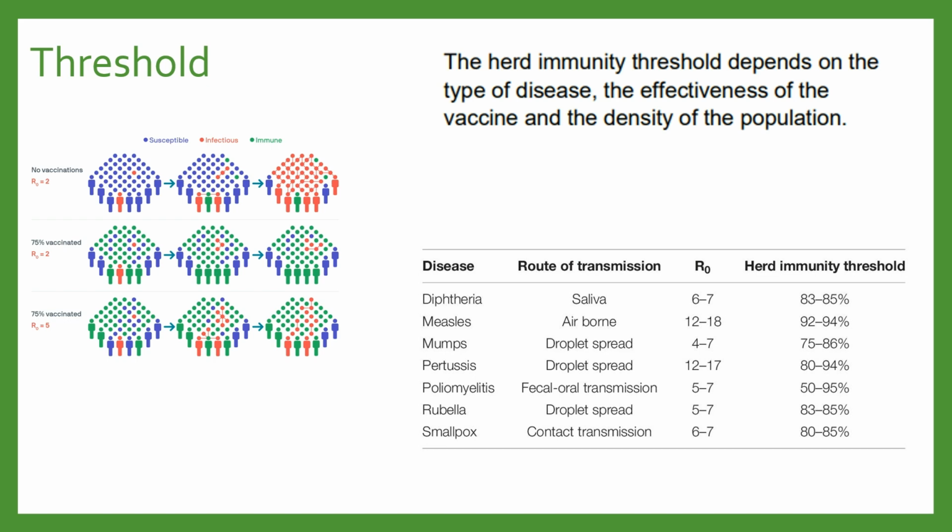And it also depends on the density of the population, as if you live in quite a populous area, you're going to come into contact with more people, thus have higher odds of coming into contact with somebody who does happen to carry the infection. So, different percentages for different diseases and in different populations.